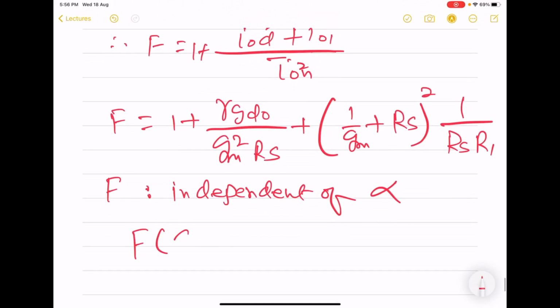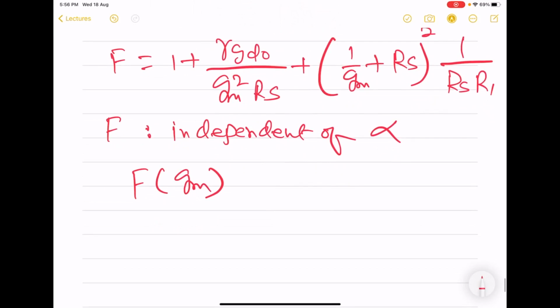So here F is a function of GM, while Z in can be determined with the help of alpha. So now it is possible, to a very good extent, to independently choose these two parameters.